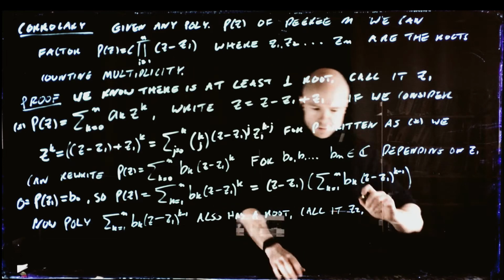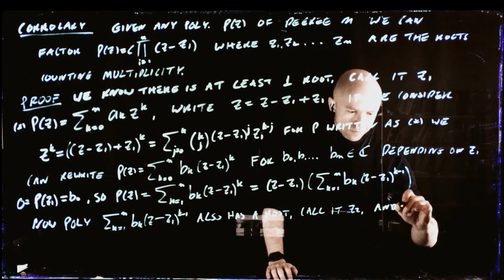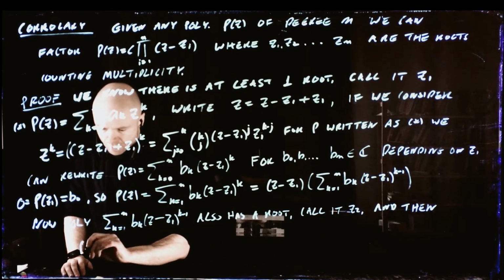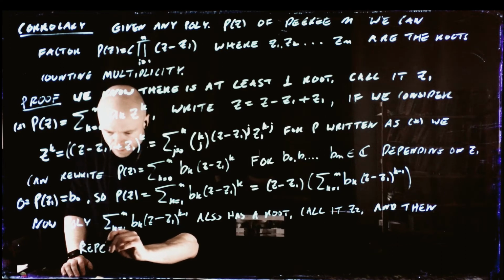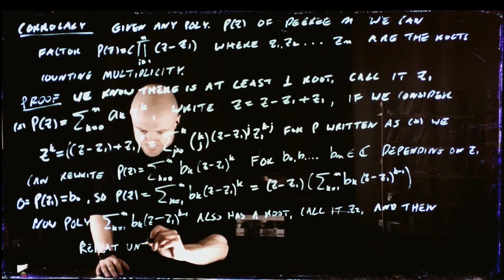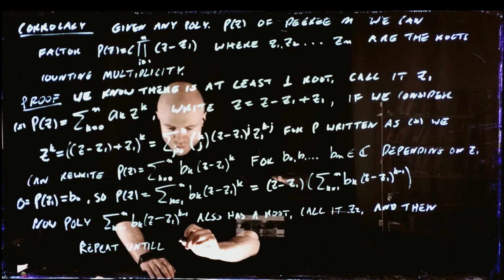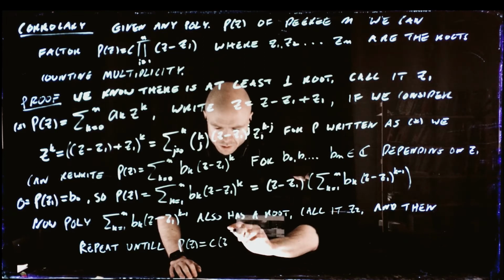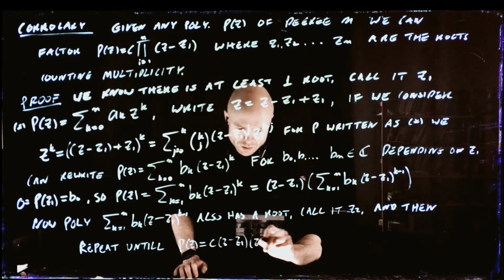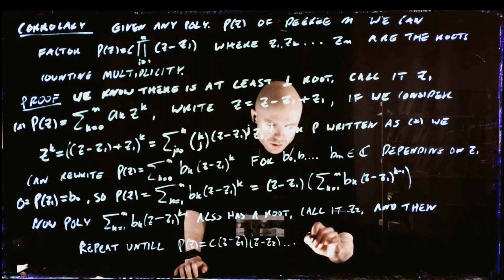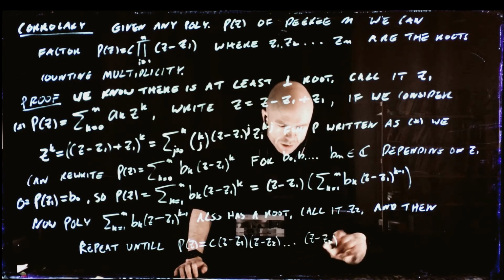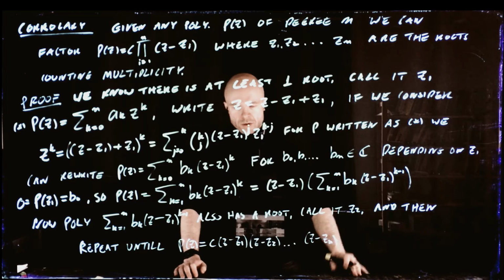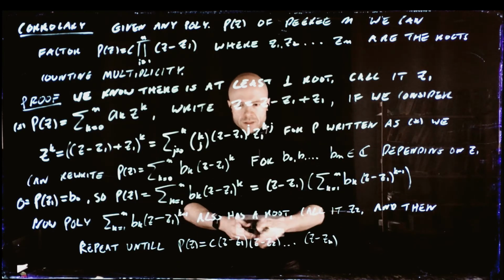And then we just repeat the argument until we have that p of z is some constant times (z minus z1)(z minus z2) up to (z minus zn). And that's it. So we have that there are n roots counting multiplicity. We completely factor this thing.